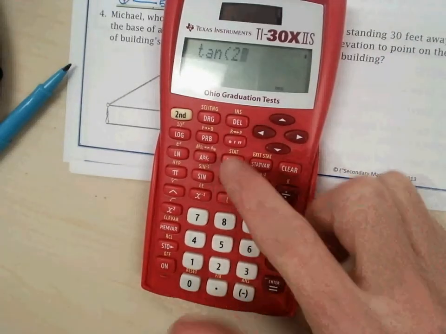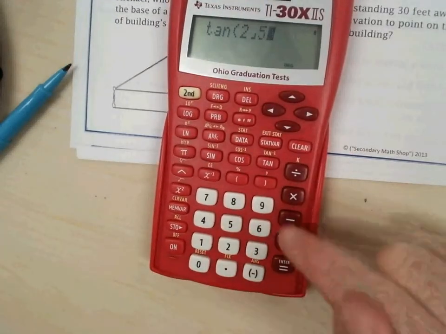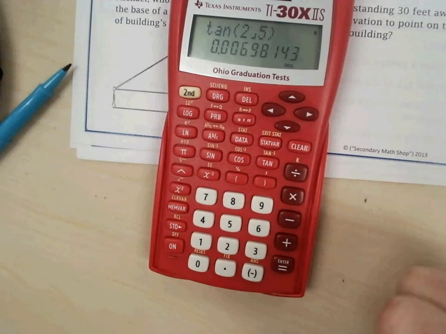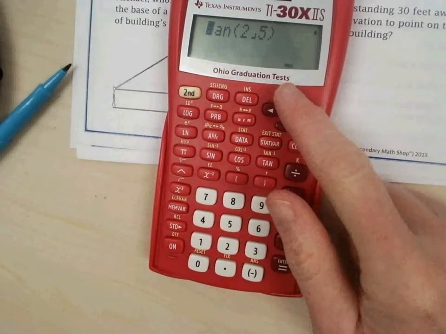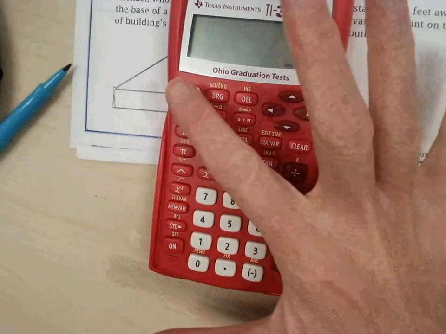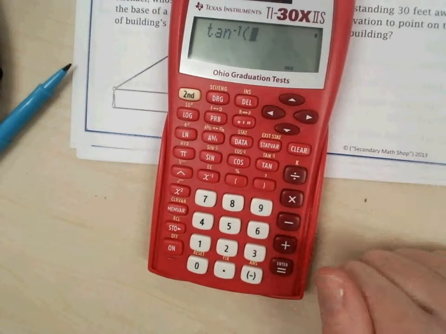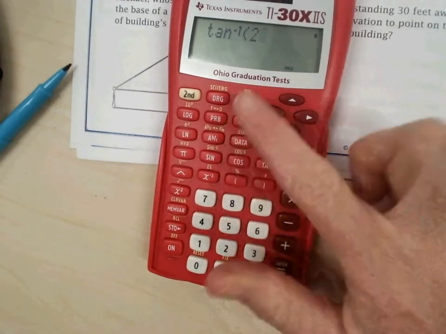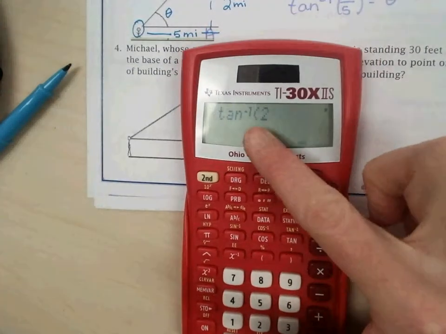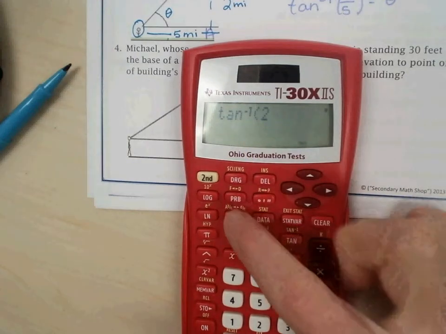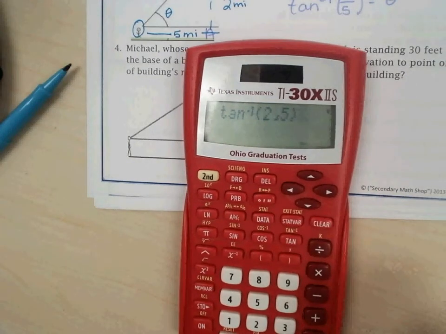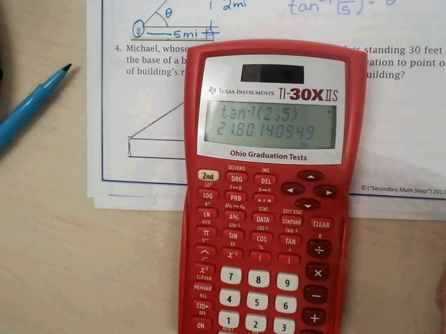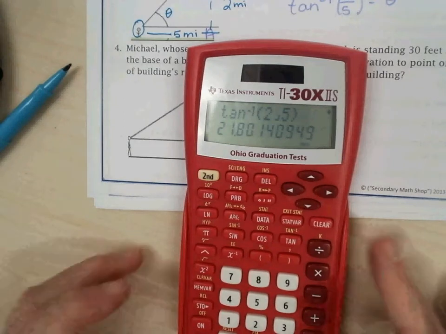So you can just type it in as a fraction, use your fraction button, second tangent, so inverse tangent of 2/5, and that's going to be 21.8, and we're just going to round to the nearest degree here, so we're going to say theta equals 22.